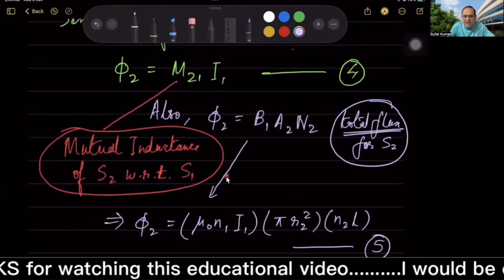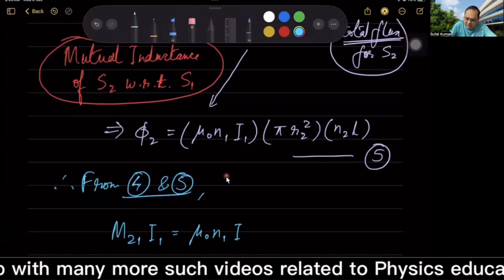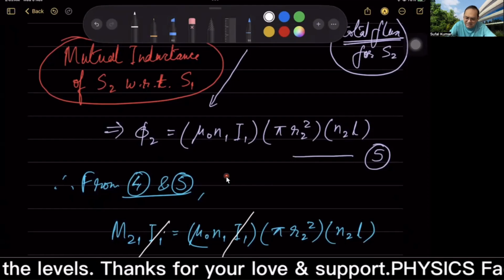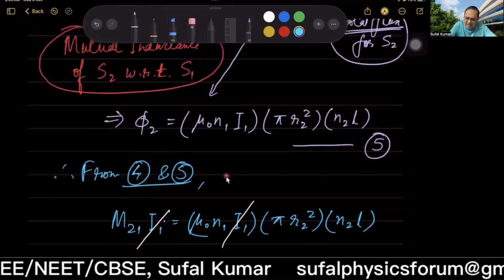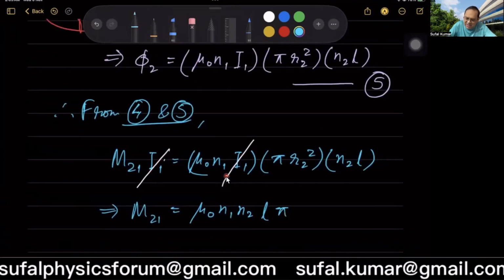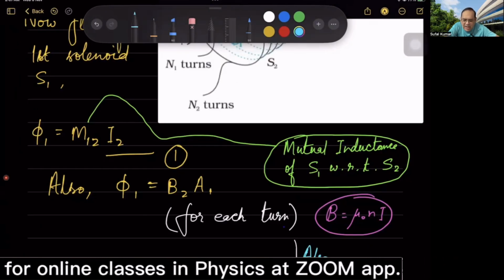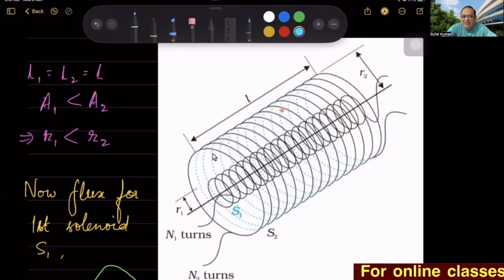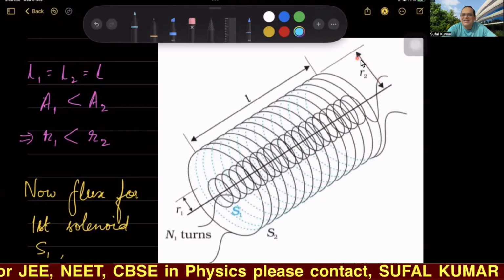Now from 4 and 5 we can write M21 I1 equals mu naught N1 I1 pi R2 square N2 L, and I1 cancels. It implies that M21 is mu naught N1 N2 L pi R2 square. Now coming back to our original diagram: in the empty space between these two solenoids there lie no magnetic field lines. For S2 also, R2 is irrelevant.